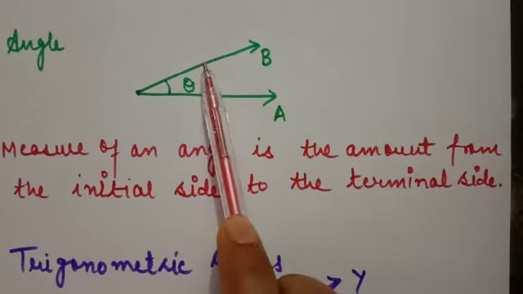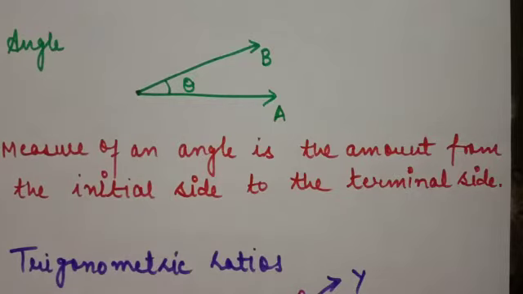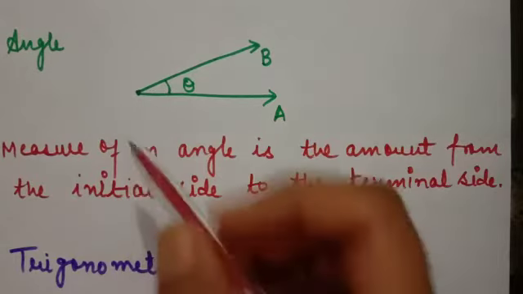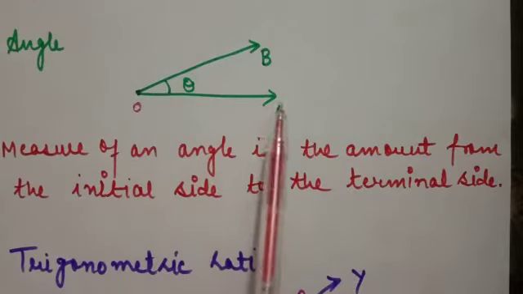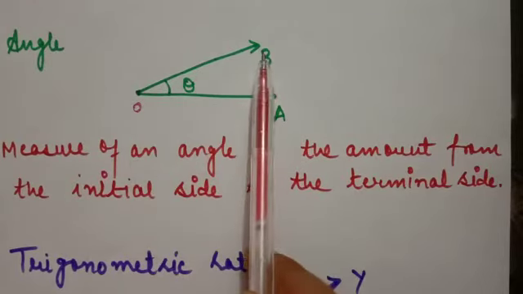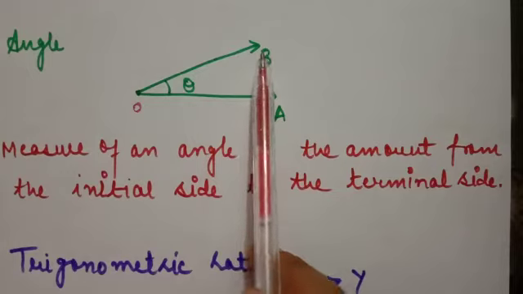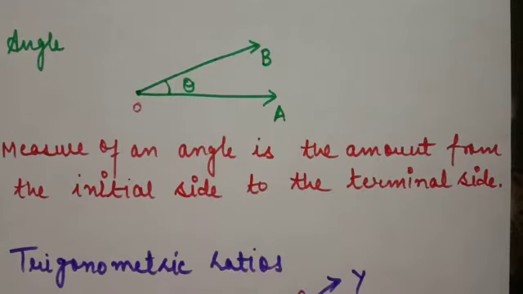We call this vertex O. OA is called the initial side and OB is called the final side, or the terminal side. So when we rotate the initial side and reach the terminal side, they make an angle.